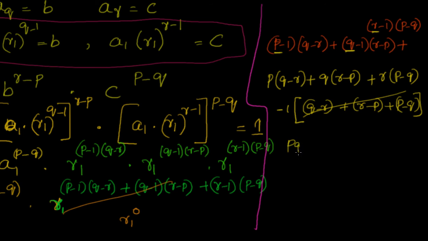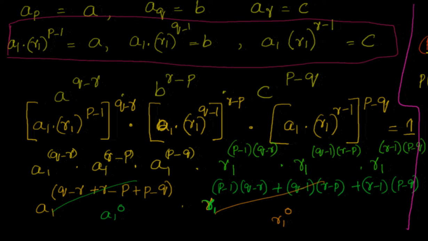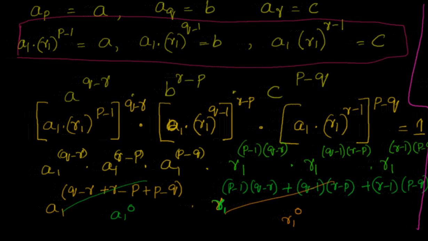That's nothing but pq minus pr plus qr minus qp plus rp minus rq. You can see that pq, pq cancels, pr, pr cancels, qr, qr cancels. So everything here will become 0. So that's how you can prove that this whole thing is nothing but equal to 1.